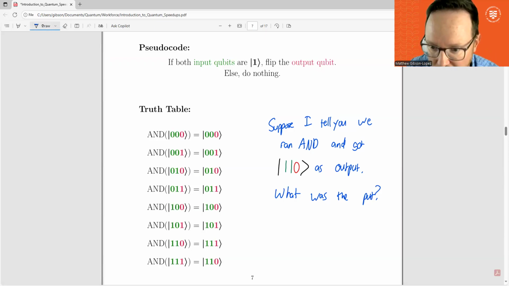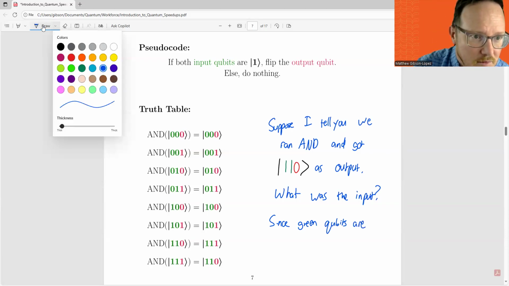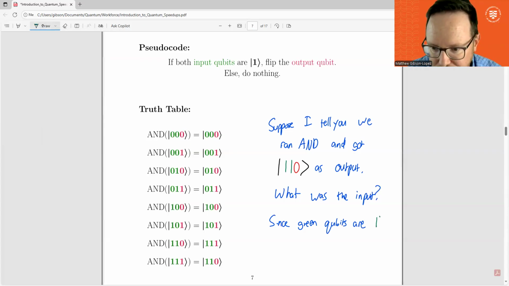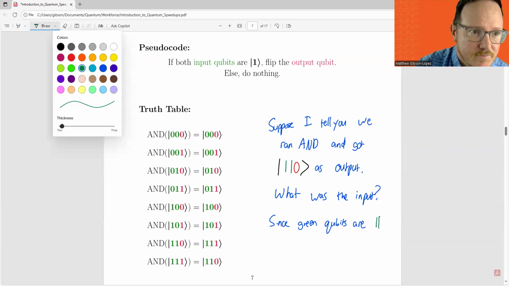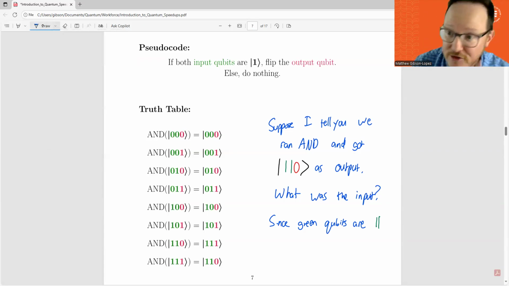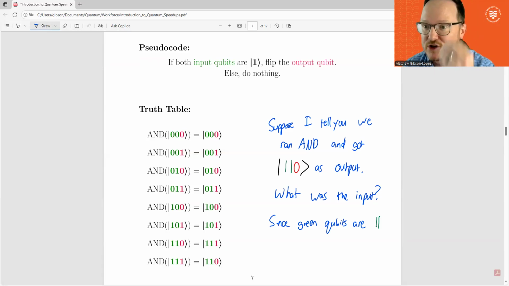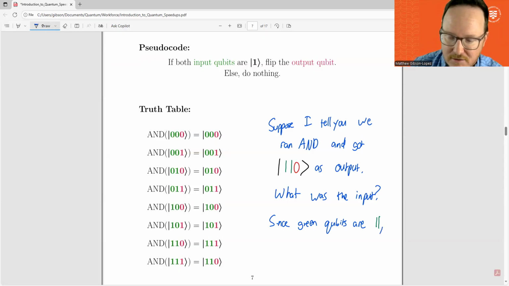In this case, they're 1, 1. I know that the logical AND should have evaluated to true, which means that the output qubit was flipped.